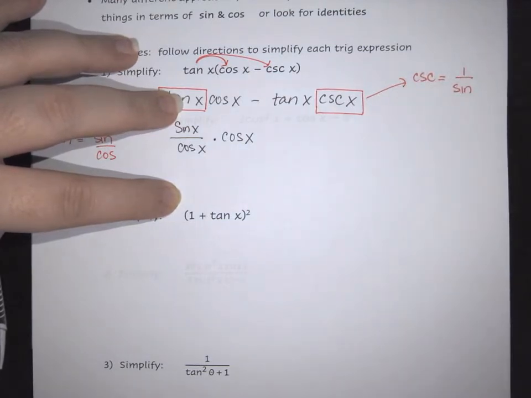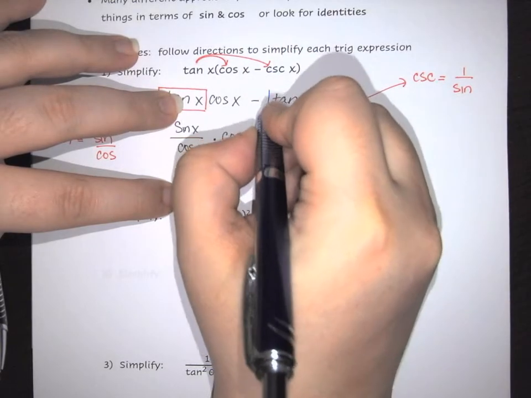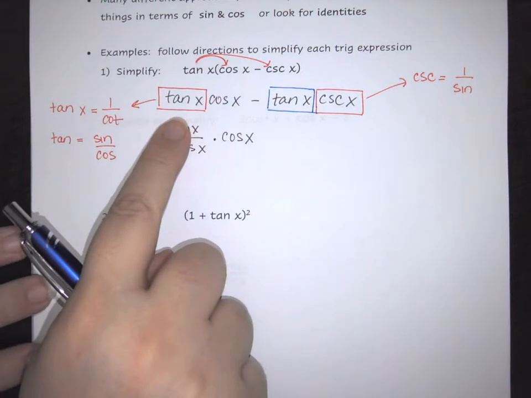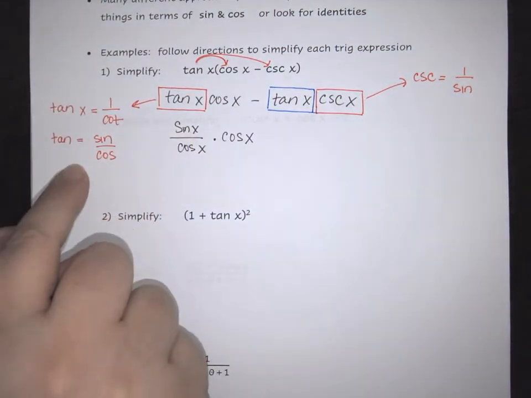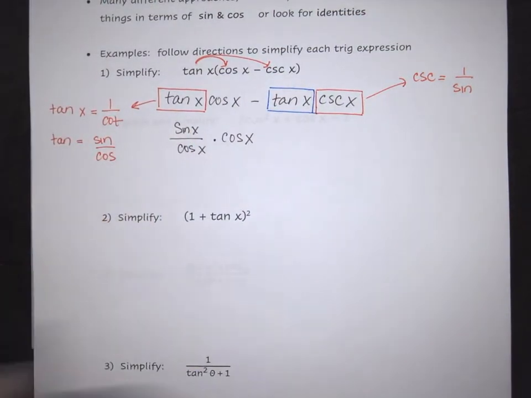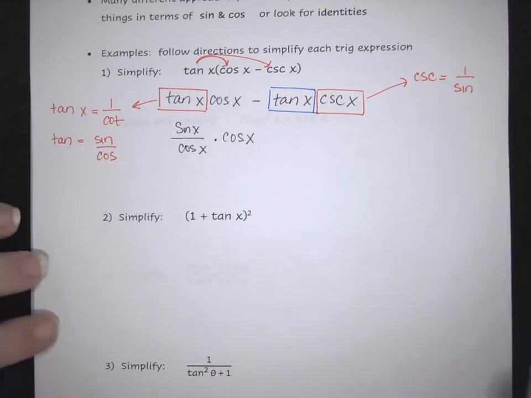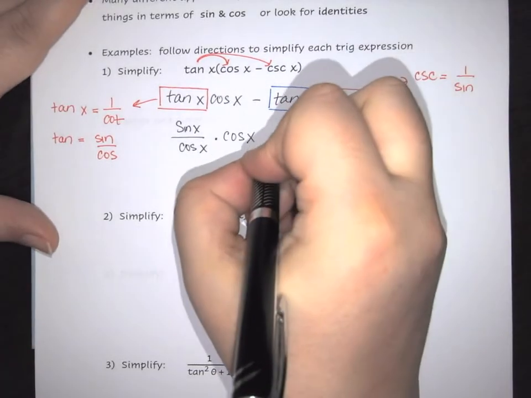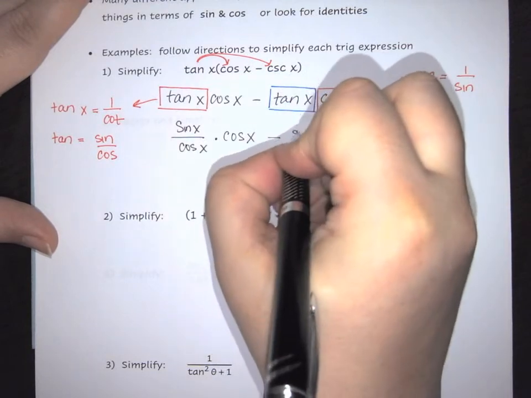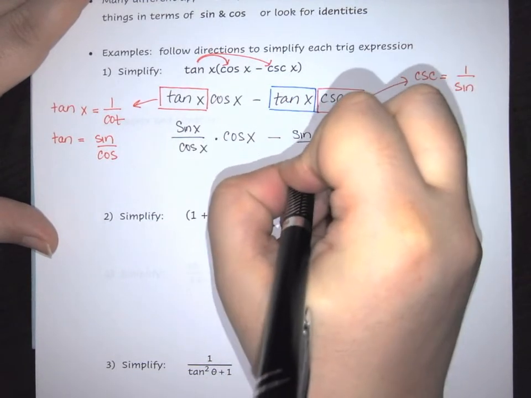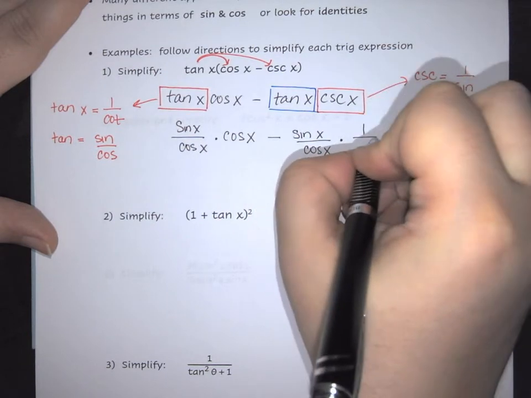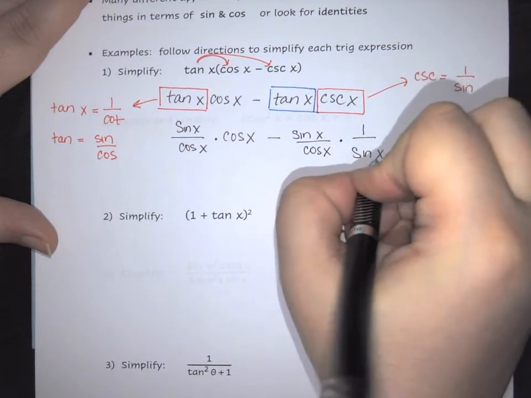The other thing that I have is my tangent here. And as we looked at from the first one, we have two choices. Well, if I'm going to rewrite my cosecant as 1 over sine, then I want to use sine over cosine for tangent. So this is going to be subtracting the sine of x over the cosine of x, and then I have 1 over the sine of x.